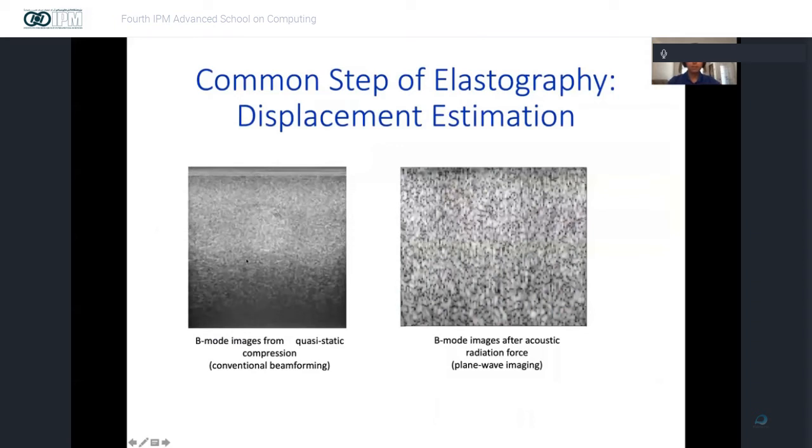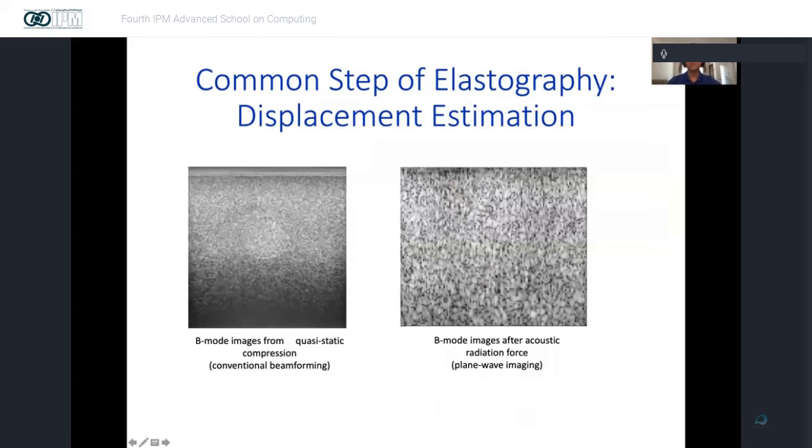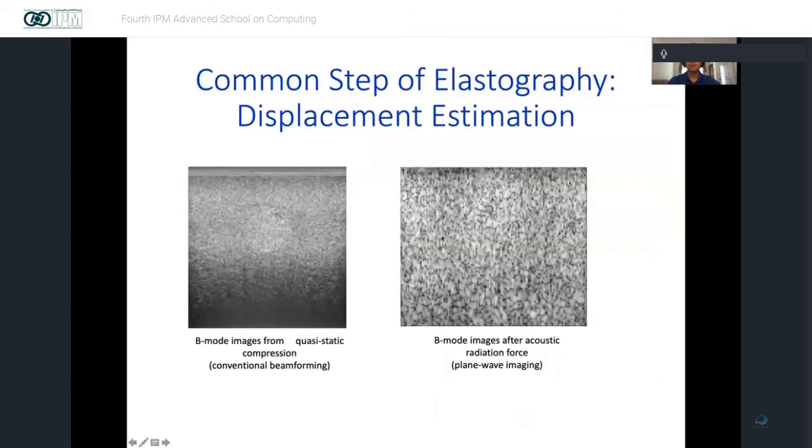So here is quasi-static elastography. The deformations are typically much larger. Here it's plane wave imaging for shear wave elastography. And here, instead of pushing the tissue with the ultrasound probe, we are creating the deformation with acoustic radiation force.